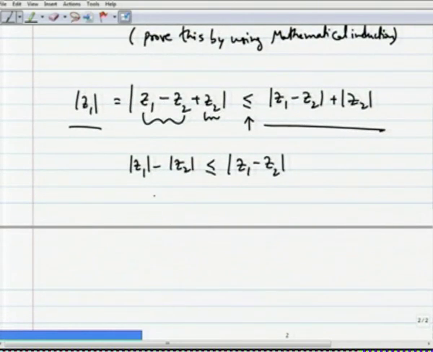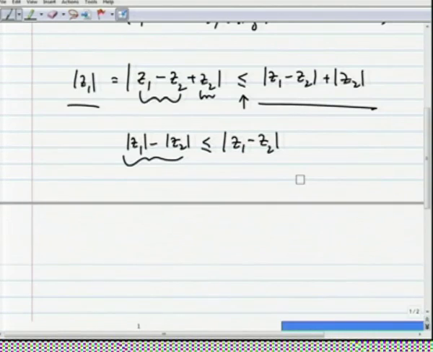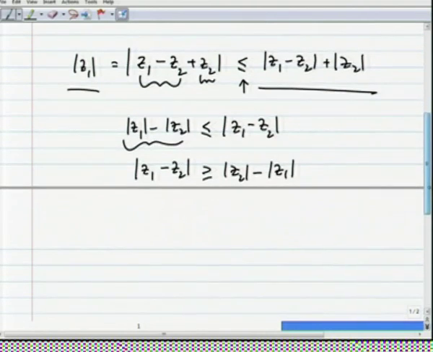By that I mean the modulus of z 1 minus z 2 is likewise greater than or equal to, we can show, the modulus of z 2 minus the modulus of z 1, by doing the same procedure using z 2 instead of z 1.